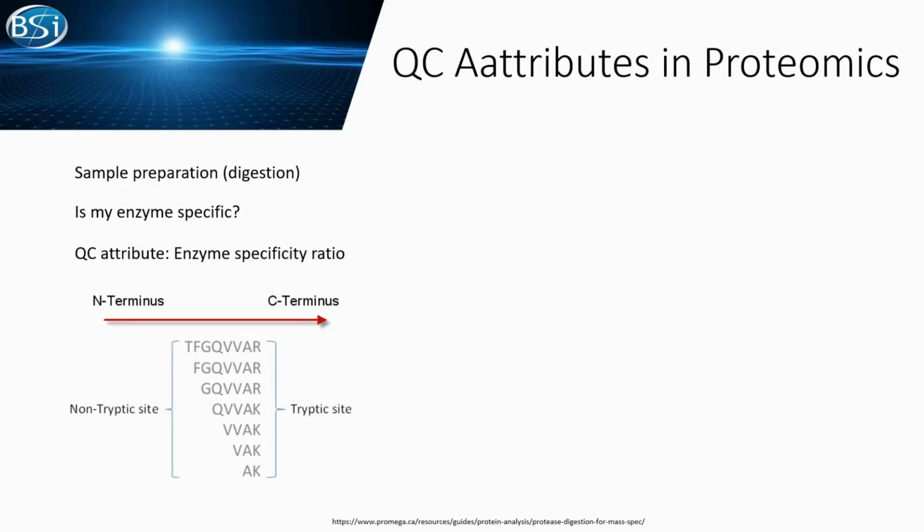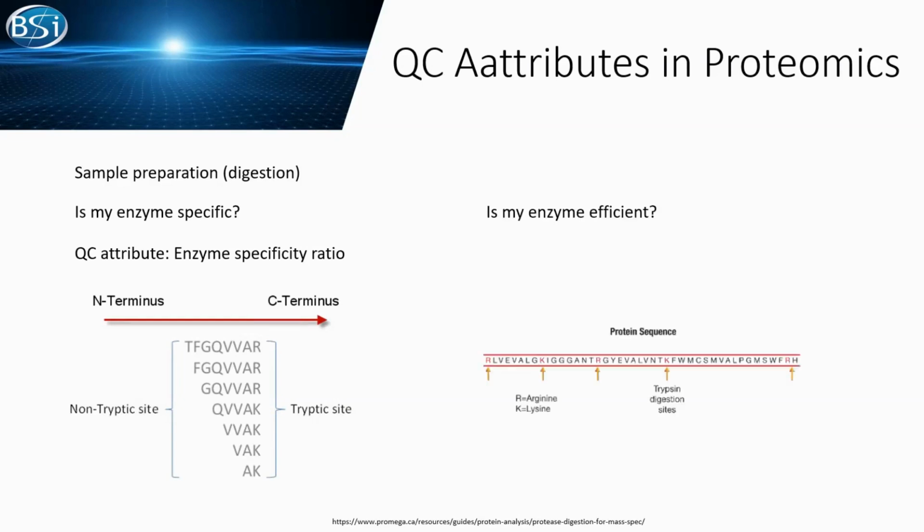So we need to check this specificity ratio: what's the percentage of my peptides cut at the right amino acid? Following that, is my enzyme efficient? There are multiple cutting sites on a protein, so does my enzyme cut at every cutting point? We also need to watch that. So, the missing cleavage ratio: did my enzyme miscut a lot in my experiment?